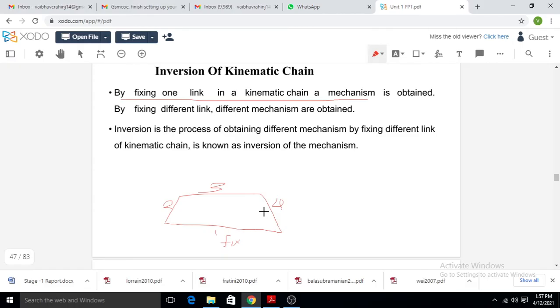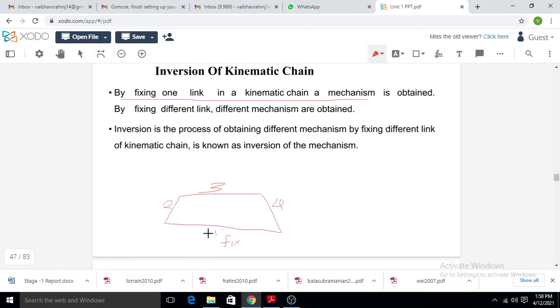It means the method of obtaining a different mechanism by fixing the various links of the kinematic chain. By fixing a different link of the kinematic chain we obtain a different mechanism.